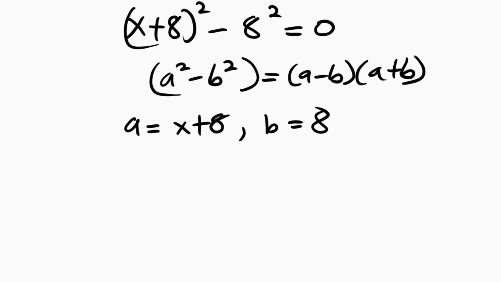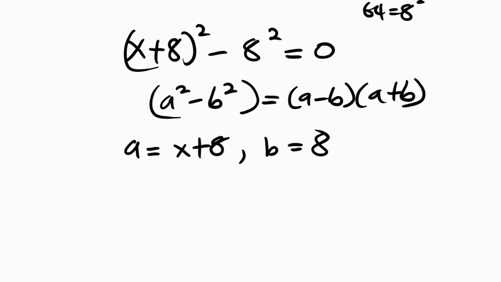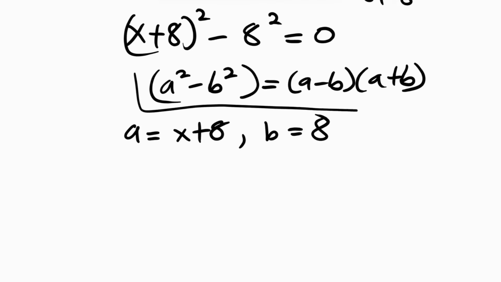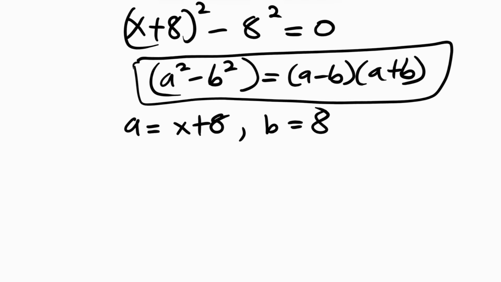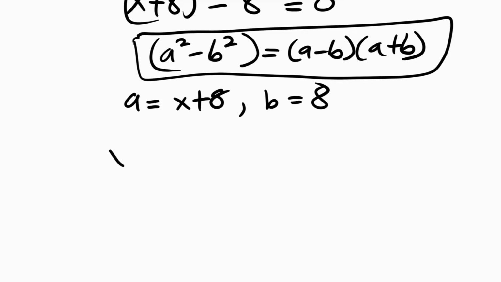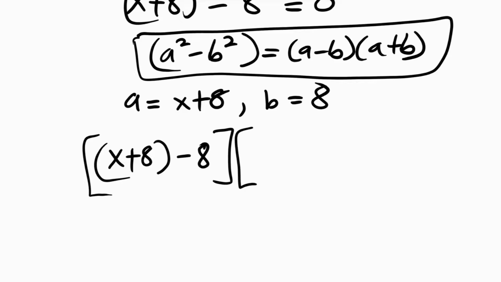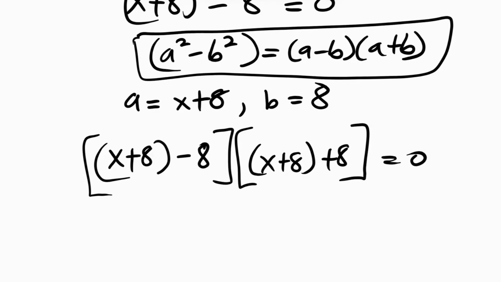So let's plug these variables into the a² − b² formula. Now this becomes (x + 8 − 8)(x + 8 + 8) = 0.